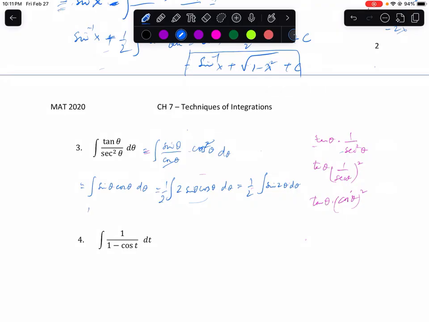So it is half times the antiderivative of sine 2 theta, which will be negative cosine 2 theta divided by 2. Why divided by 2? Because of the 2 with the theta. Plus c. So we get negative 1 over 4 cosine 2 theta plus c. That is your answer.